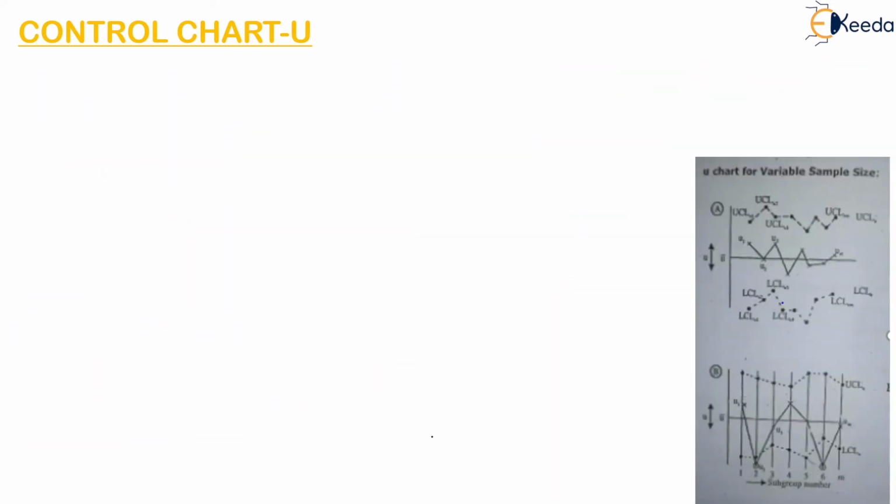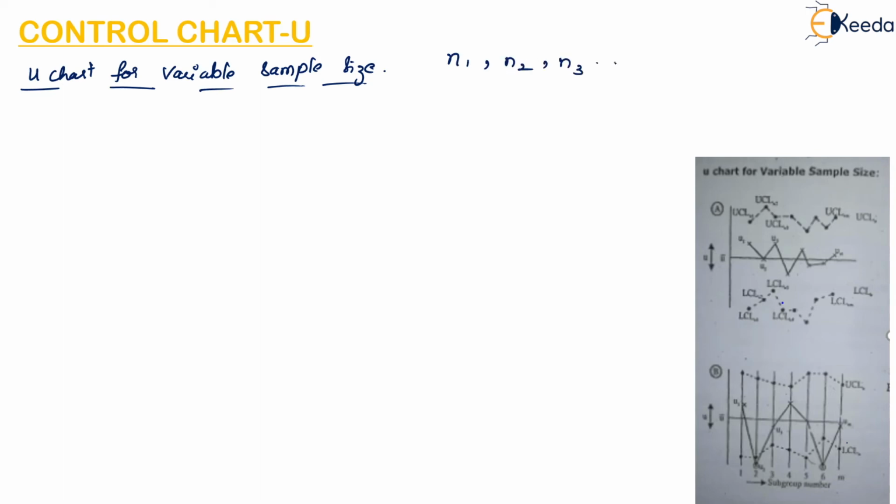Now let us discuss the control chart for variable sample size, that is the U charts for variable sample size. For each and every sample, that is N1, N2 and so on, as the sample sizes are varying here, we will have upper control limit 1, upper control limit 2, upper control limit 3 and so on till the end.